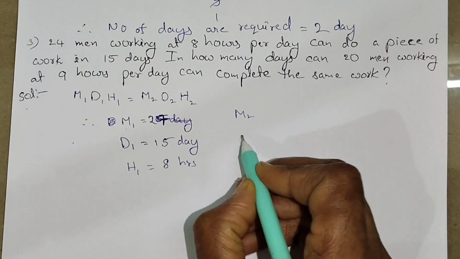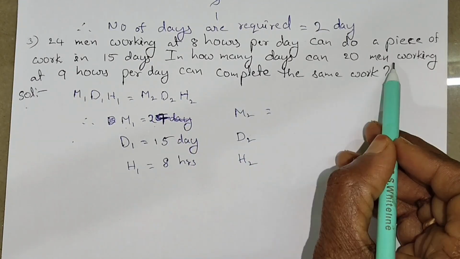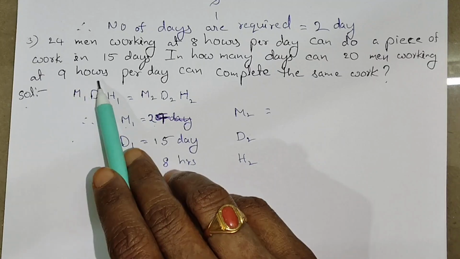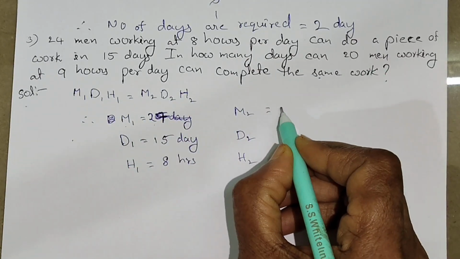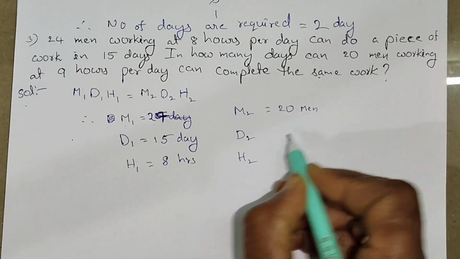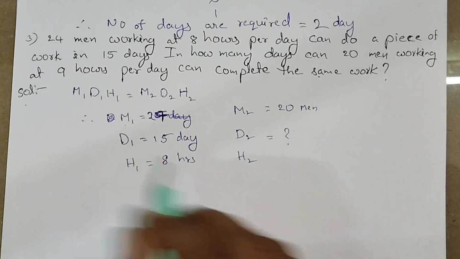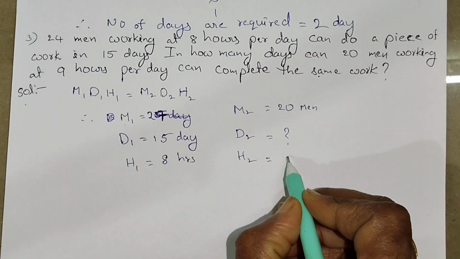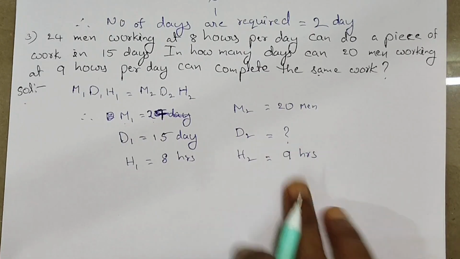So m2 d2 h2. Here m2 is equal to 20 men working at 9 hours per day can complete the same work. Here 20 men, and we find the days. Here 9 hours per every day. So now we find the days.